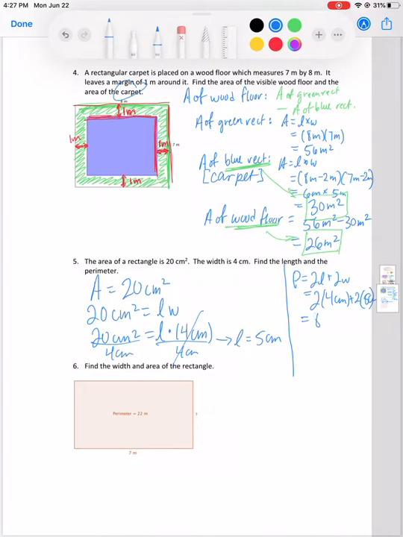That's equal to 8 centimeters, since the perimeter is not squared, right? Plus 10 centimeters. The perimeter is 18 centimeters. So we found that the length is 5 centimeters. The perimeter is 18 centimeters.